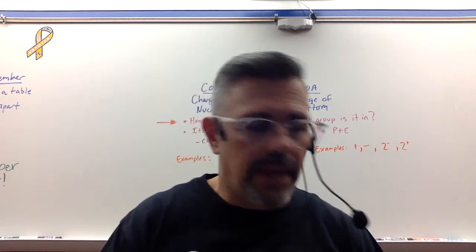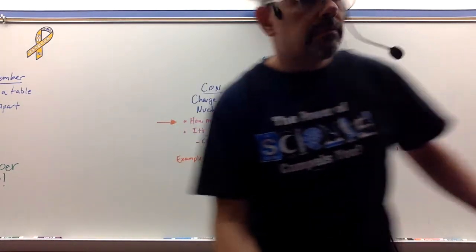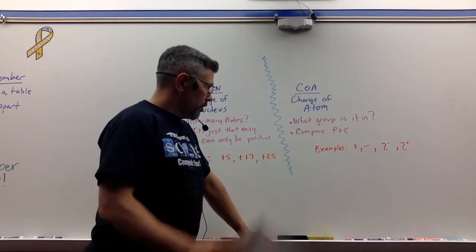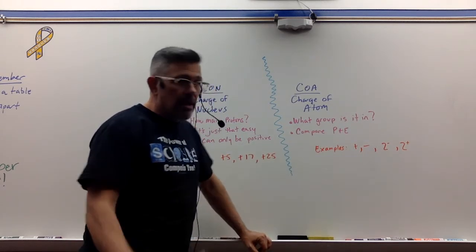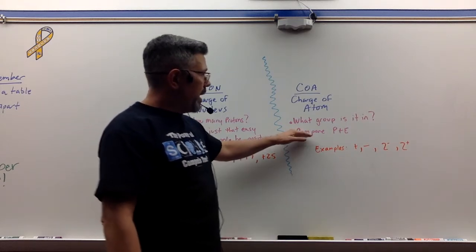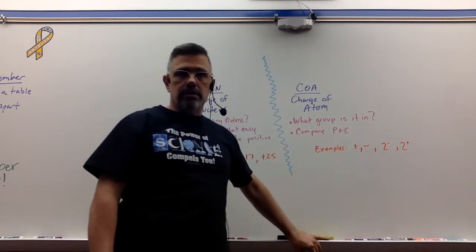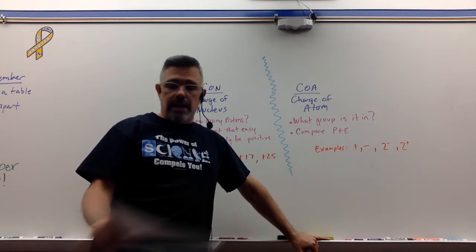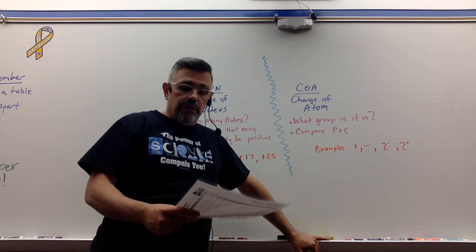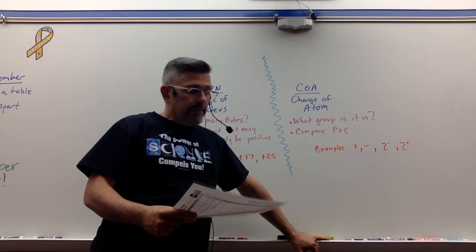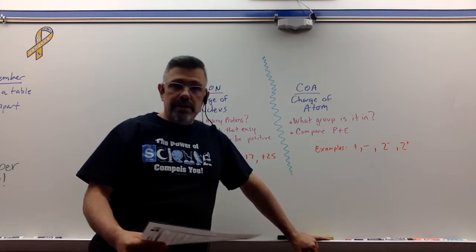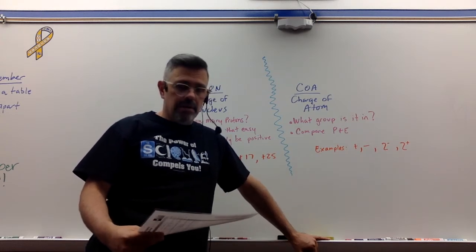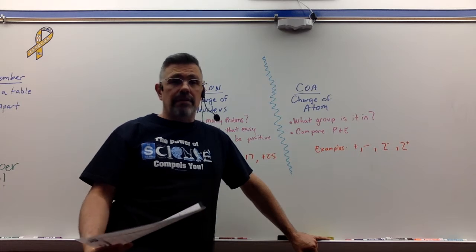Maybe that will help. Okay, so back to the lecture at hand, the little power lecture. We're talking about charges of atoms. The best thing you can do is compare the protons and electrons. And if the protons are winning, let's say we're talking about sodium, for example, where the atomic number is 11, and it's going to have 11 protons.